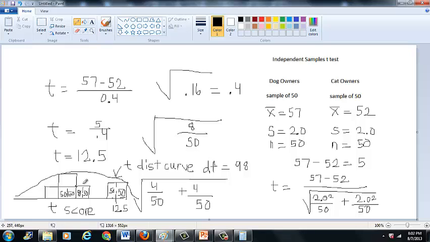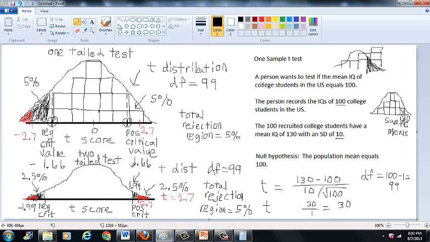And if we want to know what the critical values are for rejecting the null hypothesis, we can go to our t-table again. We can find our negative critical and our positive critical. All we have to know is our degrees of freedom, just like we did before. Before we had a degrees of freedom of 99.